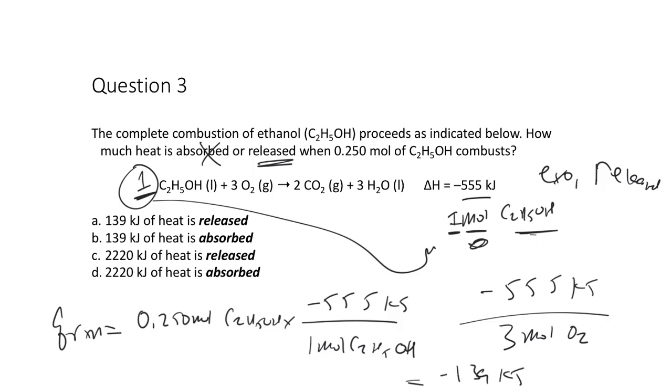So the reaction loses 1390 kilojoules, so it releases 1390 kilojoules of heat. Heat's absorbed by endothermic reactions, which this isn't. And then we just have to cancel out our moles and get our heat per mole from the balanced chemical reaction.